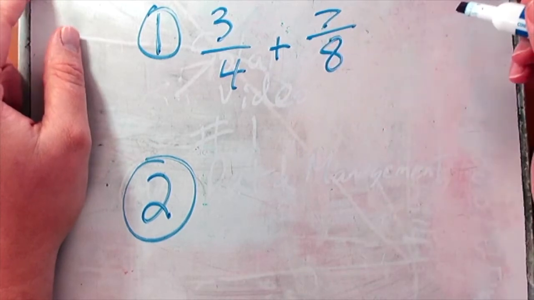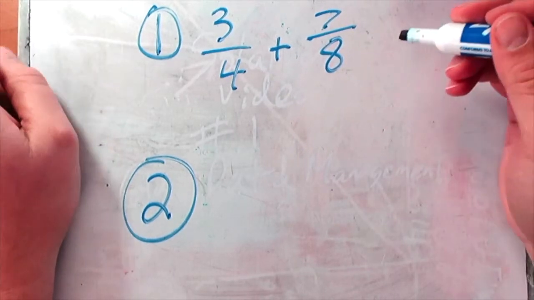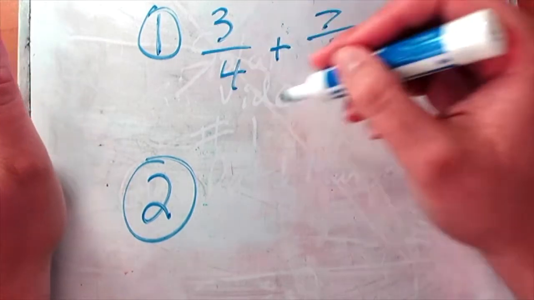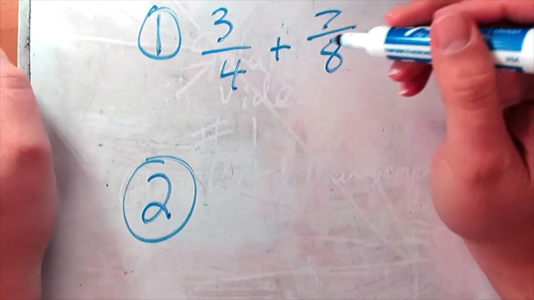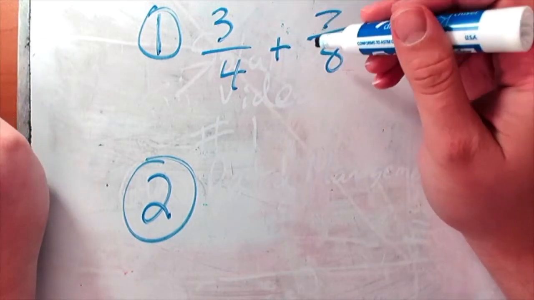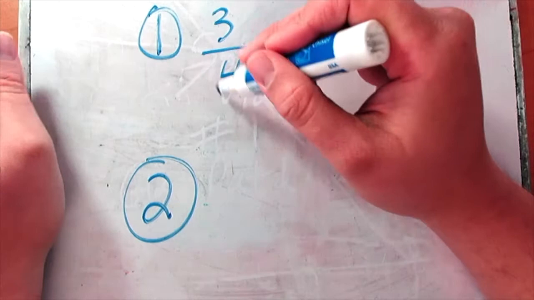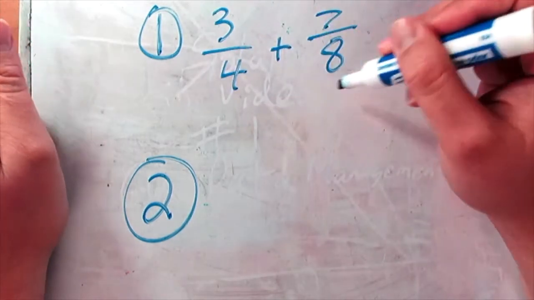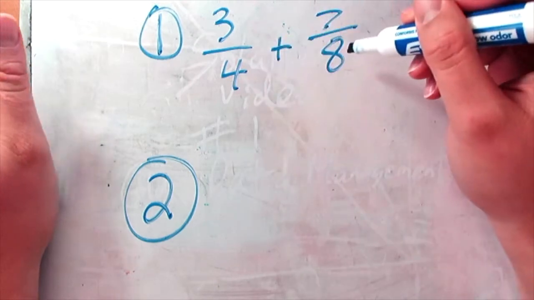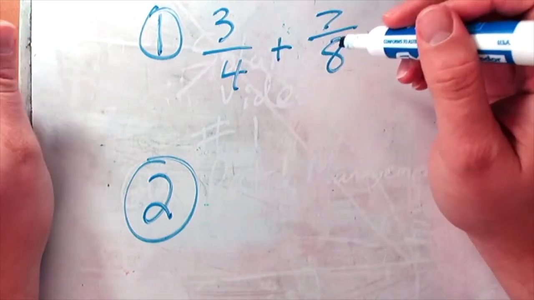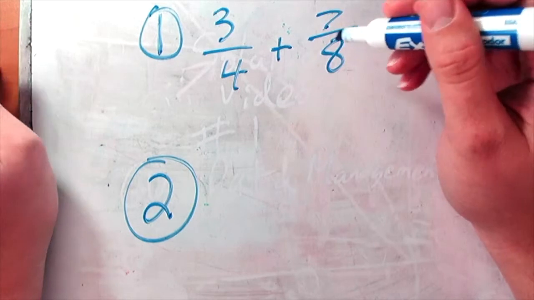In fractions, there's 2 steps when you add or subtract fractions. The bottom numbers have to be the same. It's like the bottom is how many pieces of pizza the entire pizza is cut into, and they need to be in the same language. They need to be in the same denominator, or the same number of pieces.